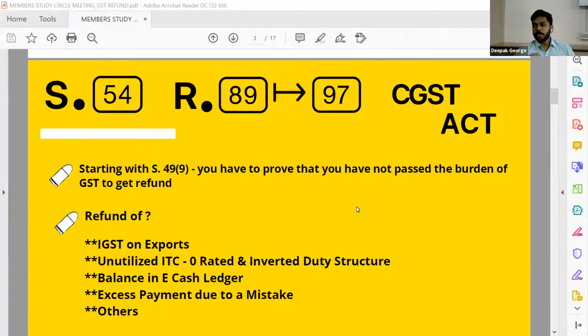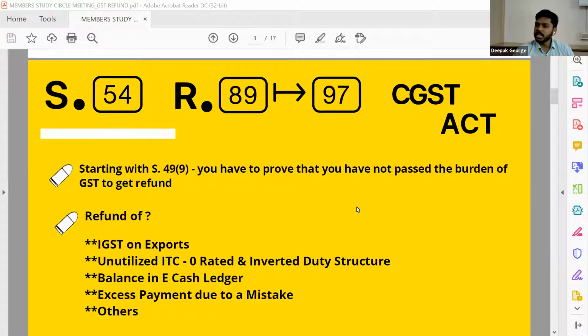So before we brush up the provisions, one important fact to understand here is that ultimately the objective is to get the money into your bank account and to prove to the GST officer, whoever is looking at the application, that you have not passed the burden of CGST or SGST or IGST and that you are eligible to claim refund, not anyone else.